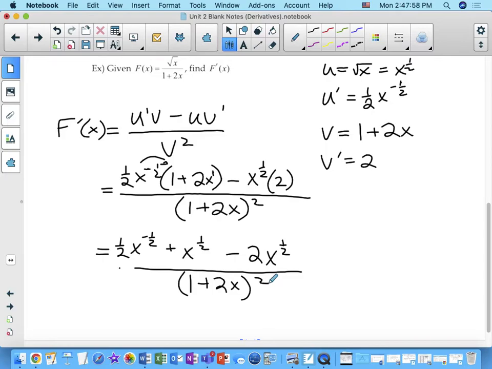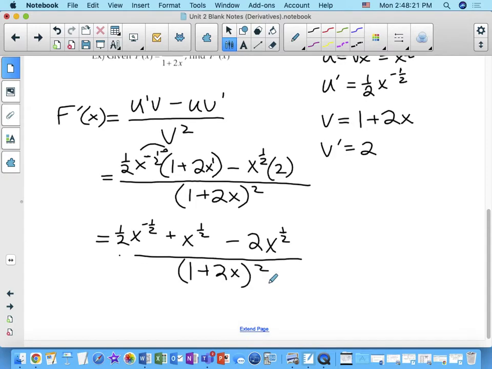Okay, now at this point, I would probably start thinking about, this is a fraction, this belongs in the denominator. So I'm going to start to put this in the denominator because then I also have to start thinking about, this is going to be a fraction plus non-fractions, common denominators, if I want to simplify this.